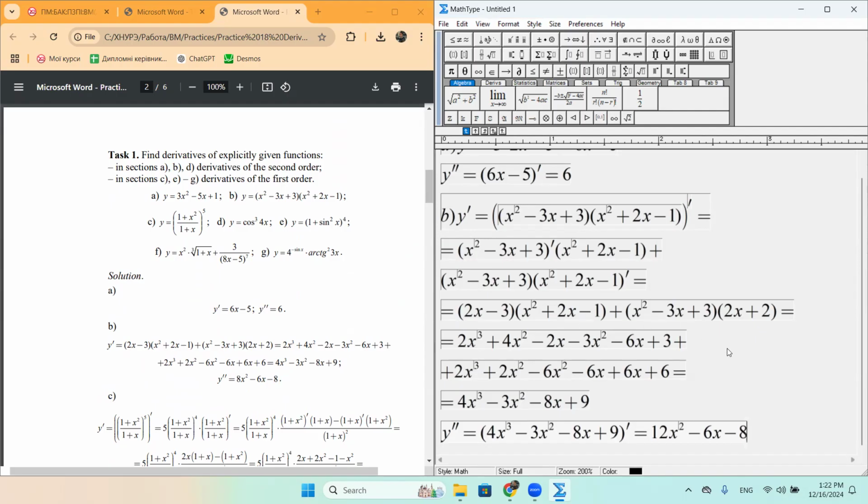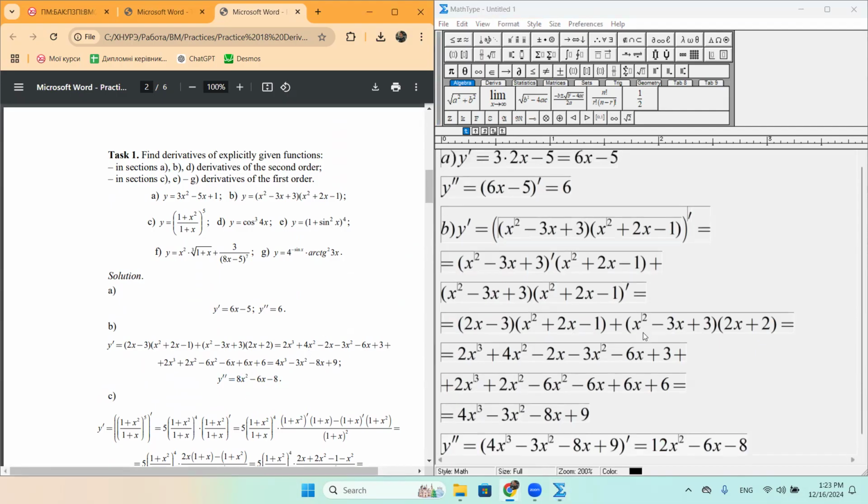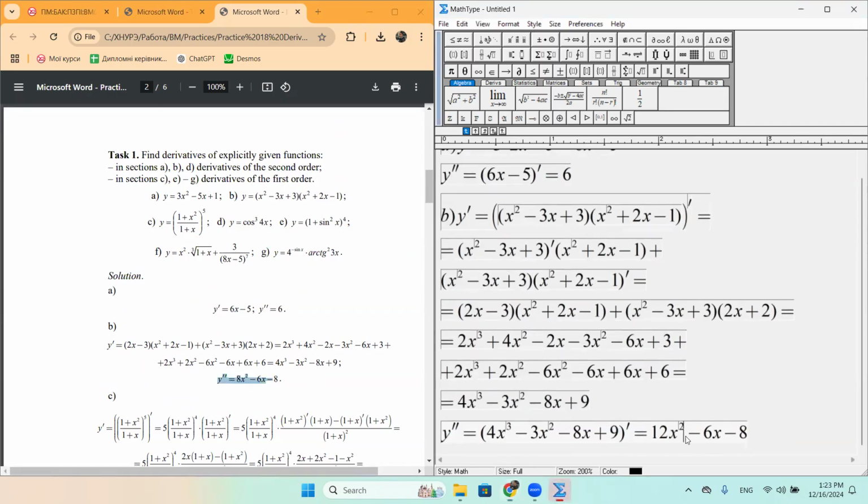It says that it is 8x squared, not 12. Yeah, stop. We multiply by 3. Yeah, maybe a mistake here. Let me double check. It is a mistake here, and here it's correct.